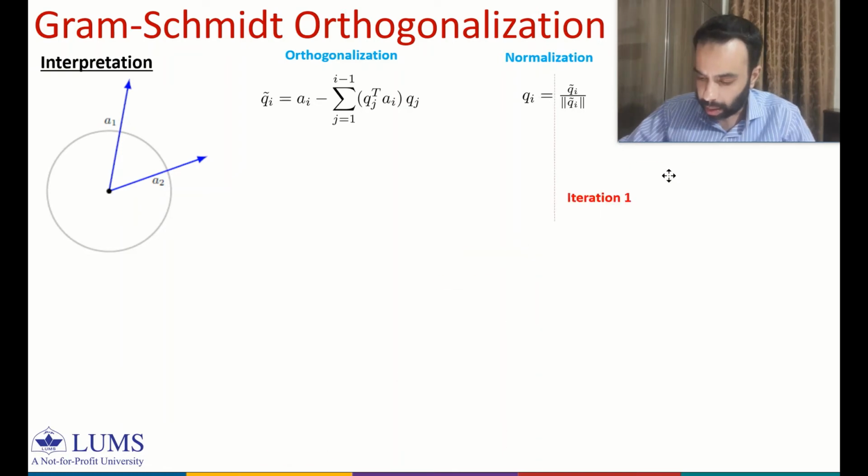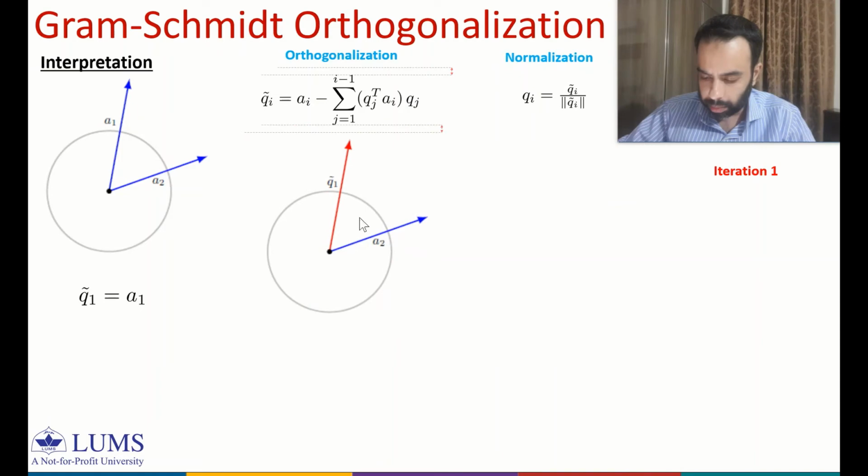What will happen in iteration 1 in the orthogonalization step? Q1 tilde would be A1. That means this vector A1 would become Q1 tilde. This circle here represents a circle of unit radius, so when you normalize any vector, it would lie on this circle.